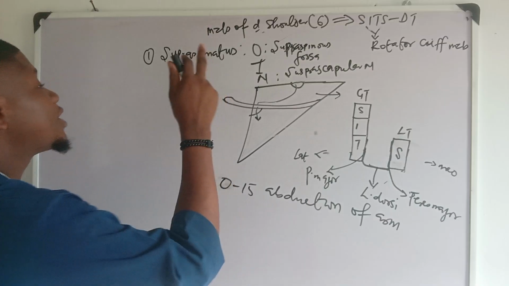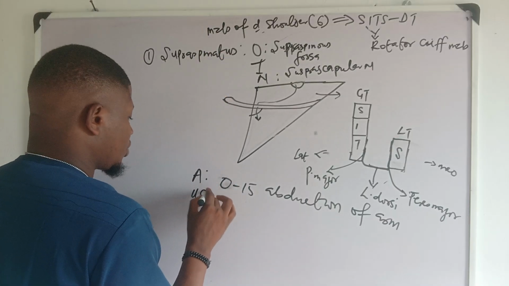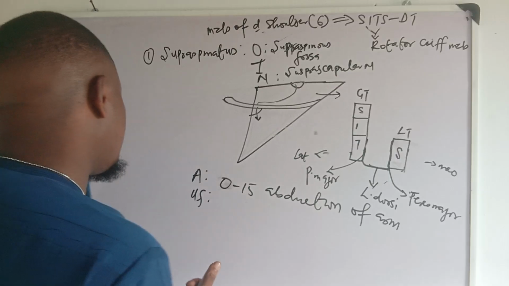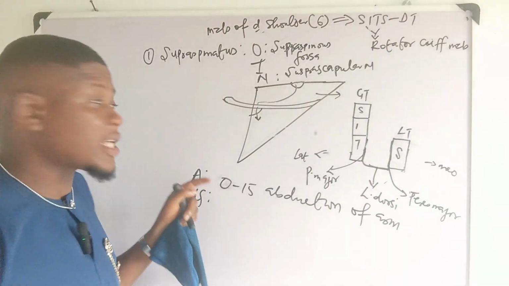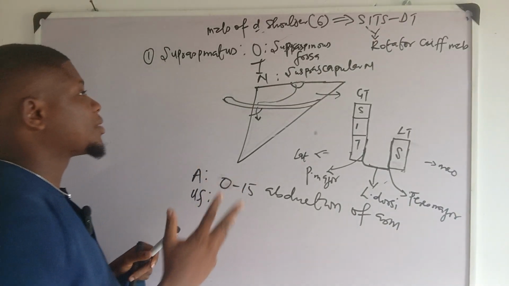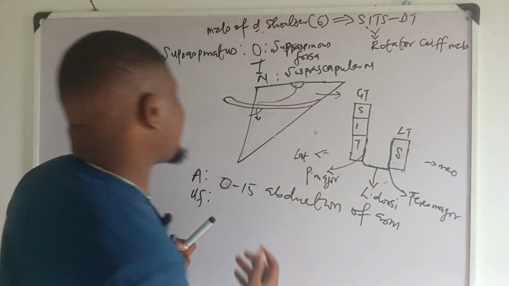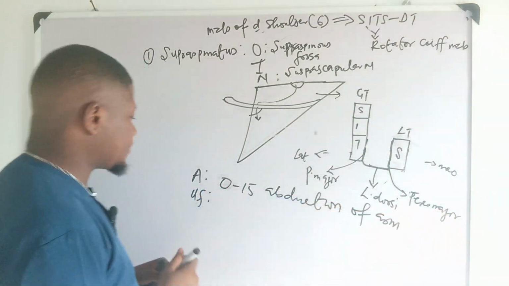We are done with the origin, insertion, nerve supply, action, then unique feature. The unique feature of this muscle is that it is not a rotator of the arm, it is an abductor of the arm. So it initiates 0 to 15 degrees abduction of the arm.